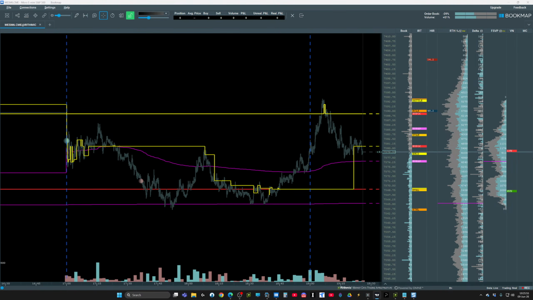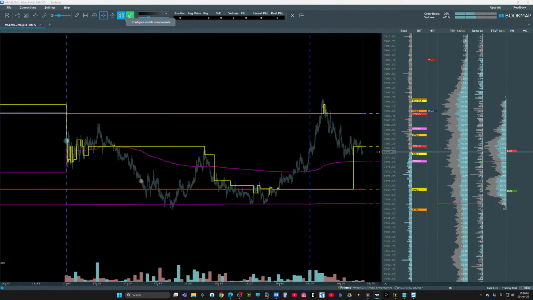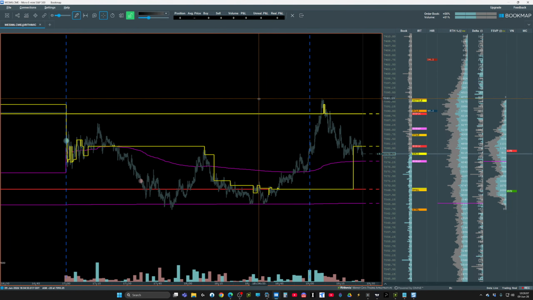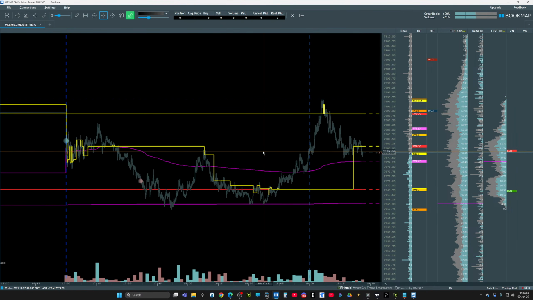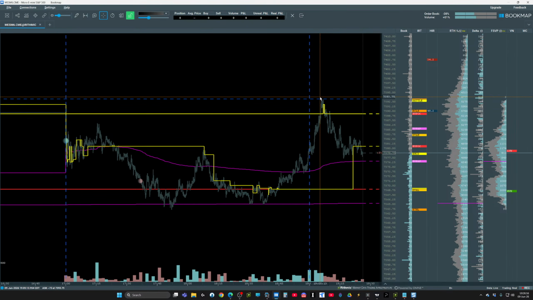So that looks like we've got an IB high here, I'm guessing. See how it works out. So my thinking is the initial opening range, the ORB high, has been put in first.